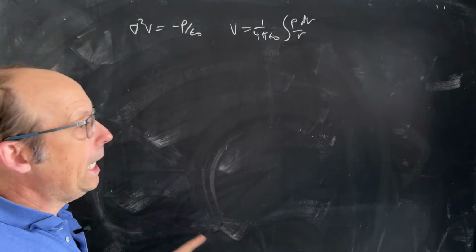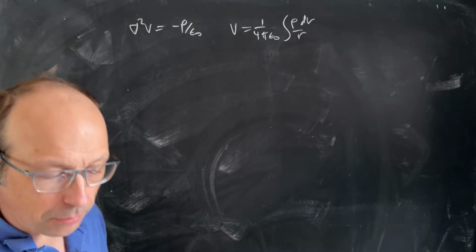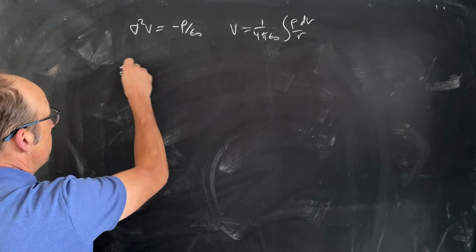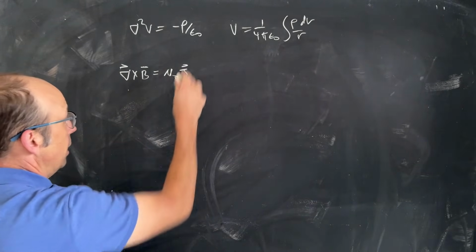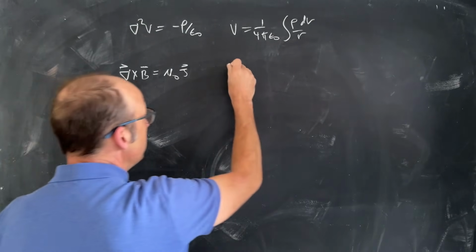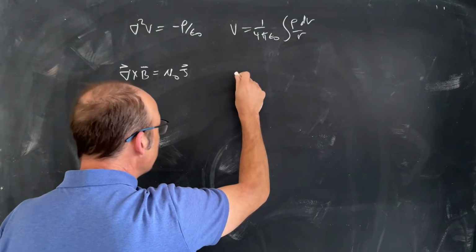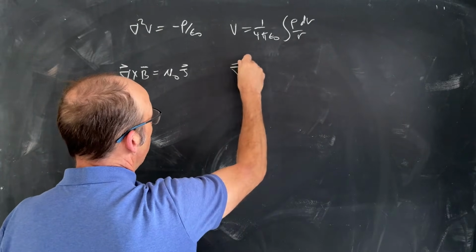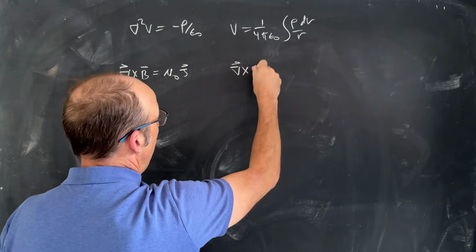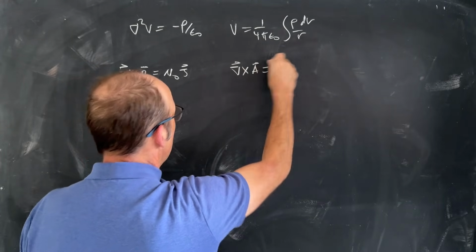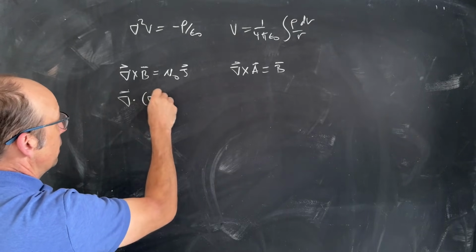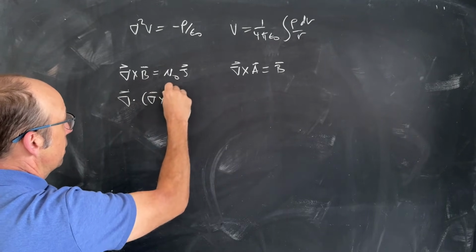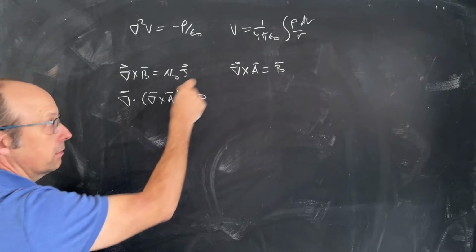Now, we have the following. It's possible we have this, del cross B equals mu naught J. That's the Ampere's law. Because it's possible to say del cross A is equal to B. And if I put that in as del dot del cross A equals 0, that's true, right?